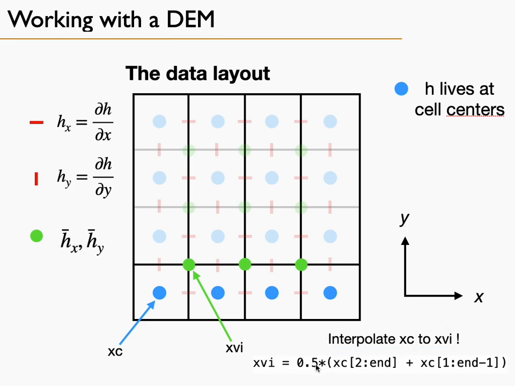So we can average the coordinate xc and we will obtain the location of the xvi node. If I take half of this point plus half of this point, then I will get the location of this point. If I take half of this point and half of this coordinate, I get this coordinate here. So this can be done by 1D interpolation. So xvi can be defined as half of xc from 2 to n plus xc from 1 to n minus 1.